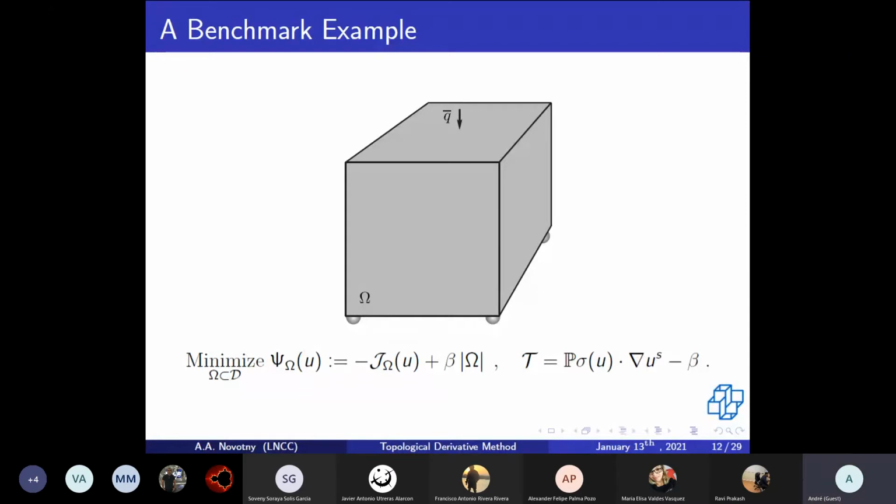We compute U, we compute the strain, and then we compute the stress. Replacing in this formula, this will give us a scalar field representing the sensitivity of this quantity when we introduce some small hole inside the domain. So since we want to minimize this, we have to introduce holes where this quantity is more negative, for example.